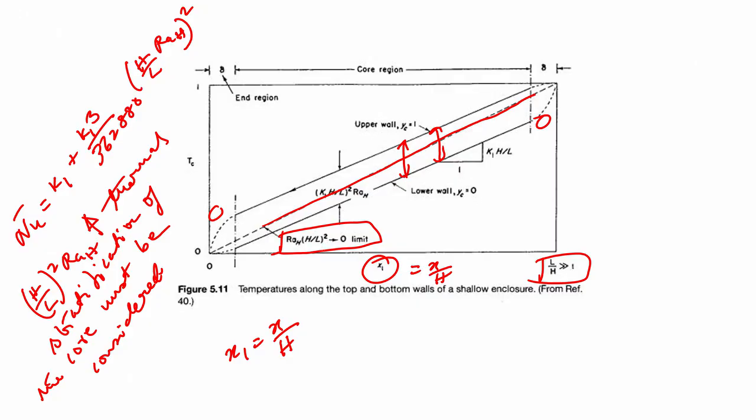However, when this happens, that means Ra_H into H by L squared approaches 0, the Nusselt number can be represented by a unique function. Not only that, the K1 and K2 merge in such a way that there is no gradient as such between them.